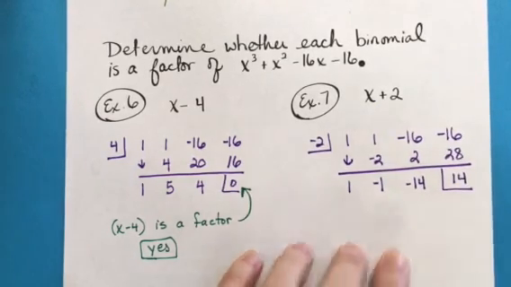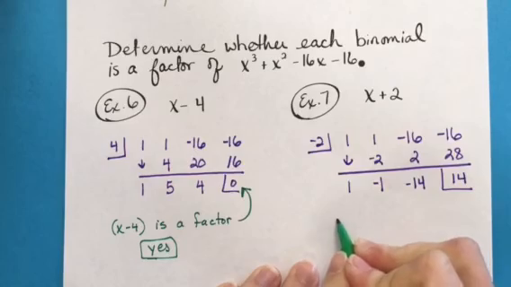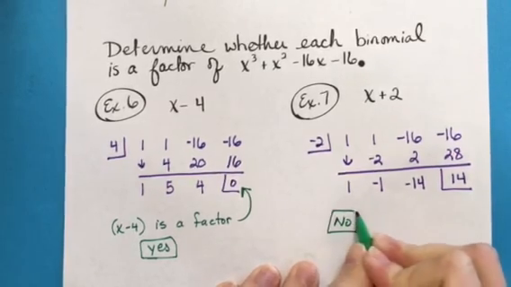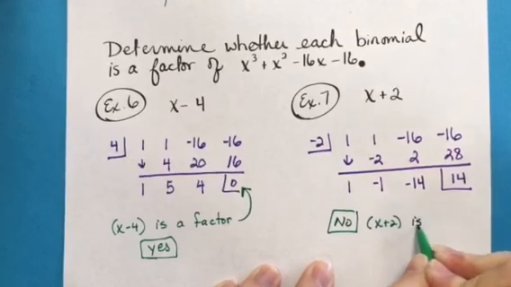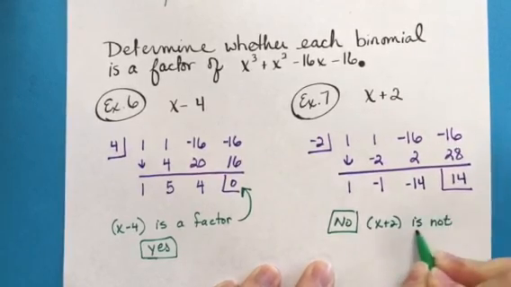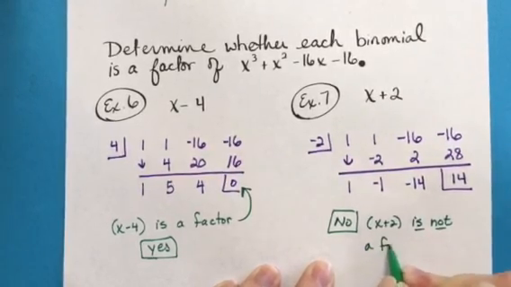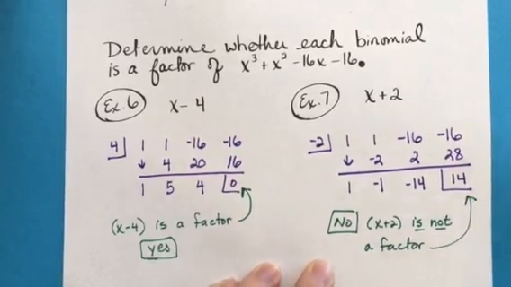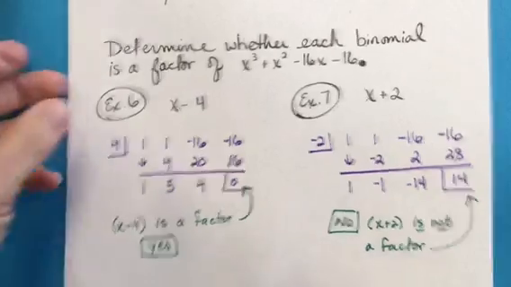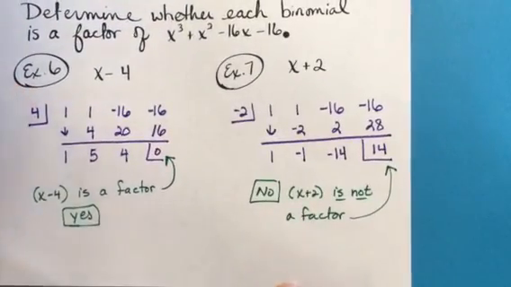So in this case, it would be no, x plus 2 is not a factor. And again, that's because it didn't divide evenly, okay? Remember, you have to divide evenly in order for something to be a factor, which means you have to have a remainder of 0.